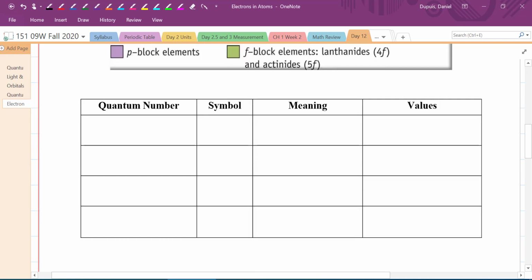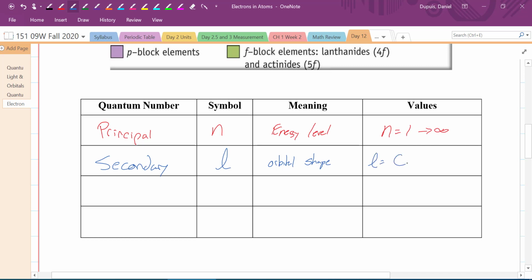Just a recap of the quantum numbers. We had the principal, which is our energy level, and the values n can be 1 to infinity. You have the secondary, L. This is our orbital shape.